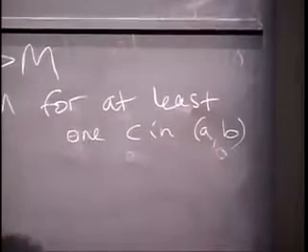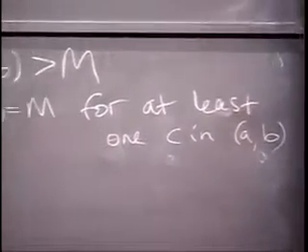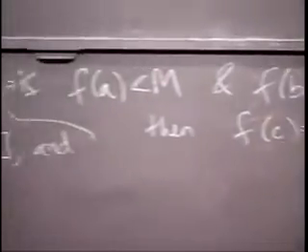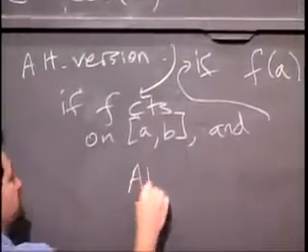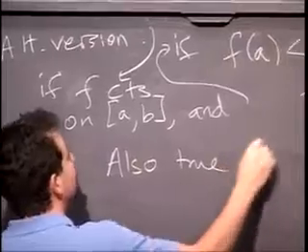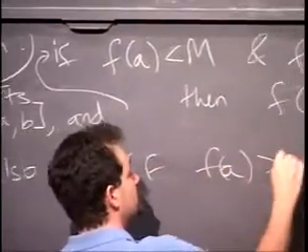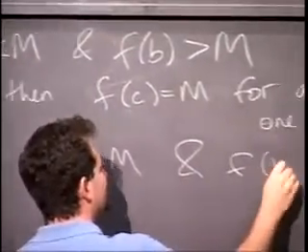So it's just the same thing as the previous statement, but 0 is replaced by m. And of course, it's also true if f of a is greater than m and f of b is less than m.